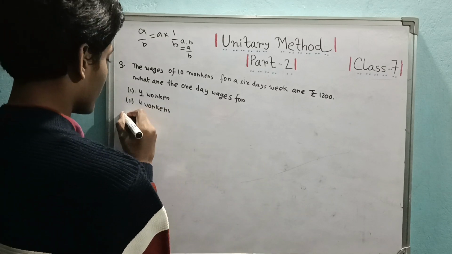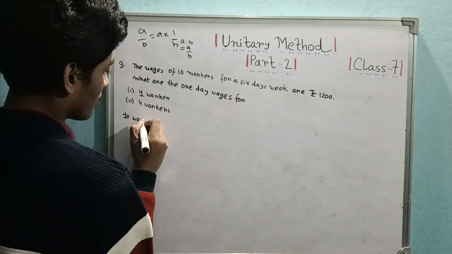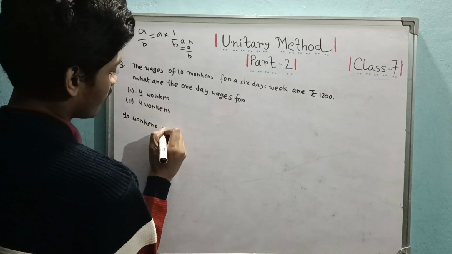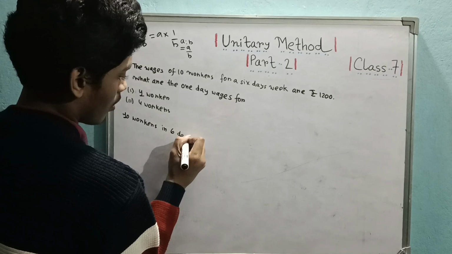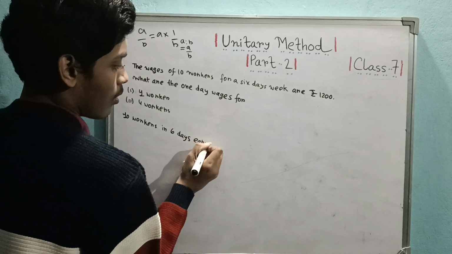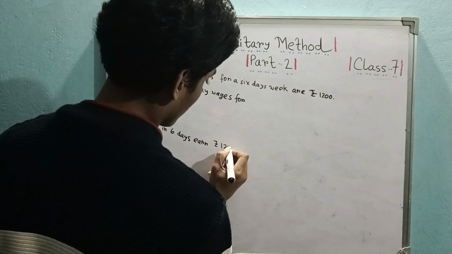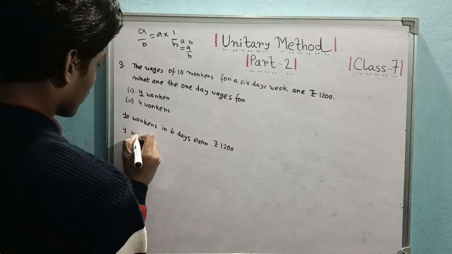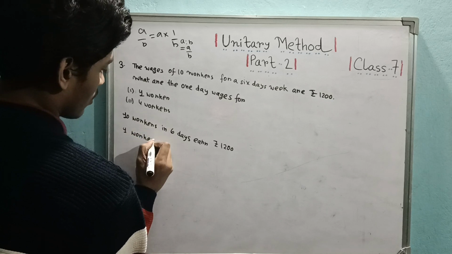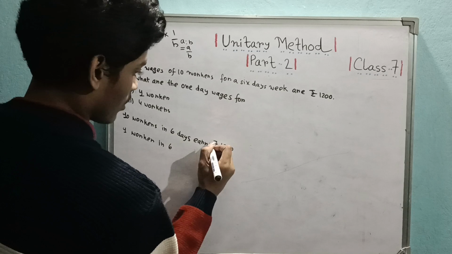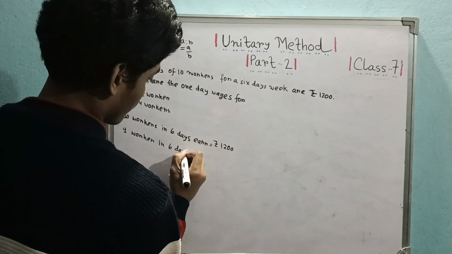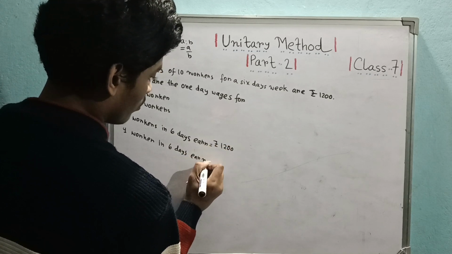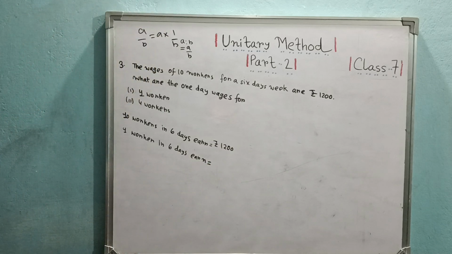So write a statement like this: 10 workers in 6 days earn rupees 1200. Then one worker in 6 days earns, now whatever the 10 workers earn, one worker will earn less than them. That's quite obvious, right?